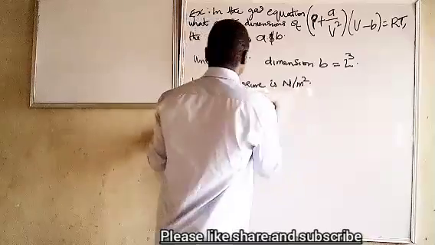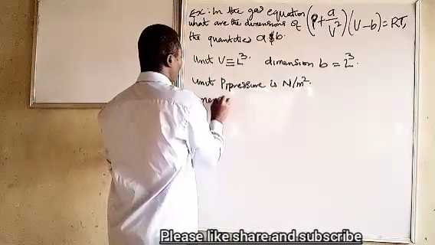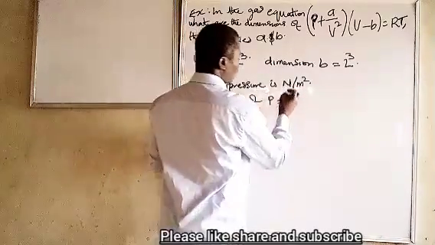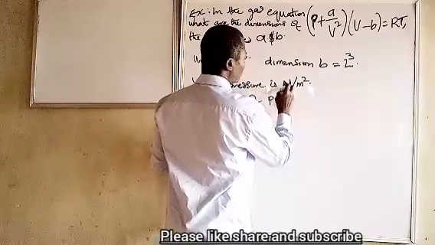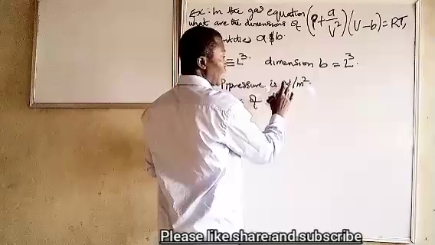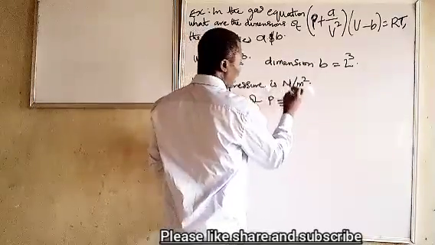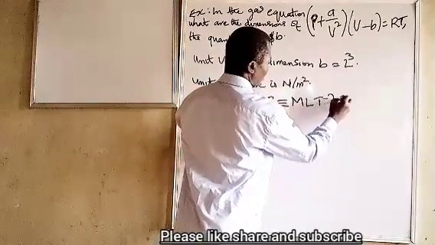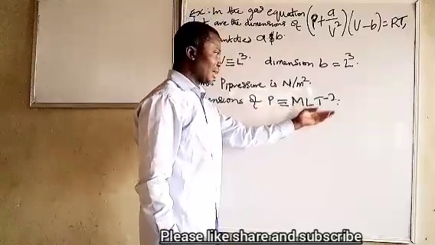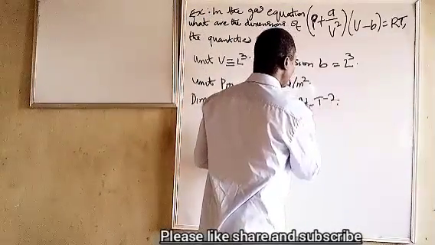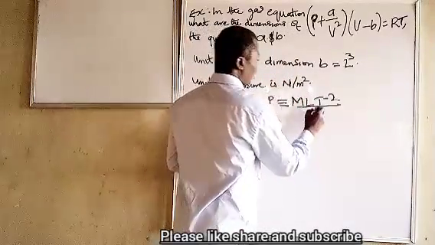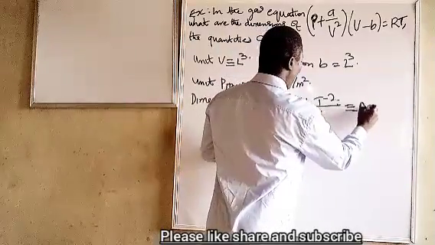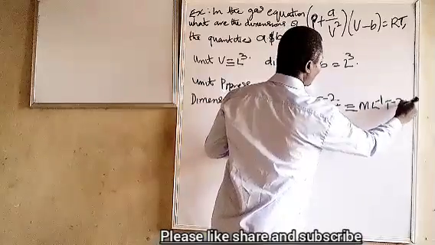And the dimension of P: this one is kilogram meter per second square, so this is going to be M L T raised to power minus 2, because force is mass times acceleration. And I'm going to divide again by L. So it will be M L minus 1 T minus 2.